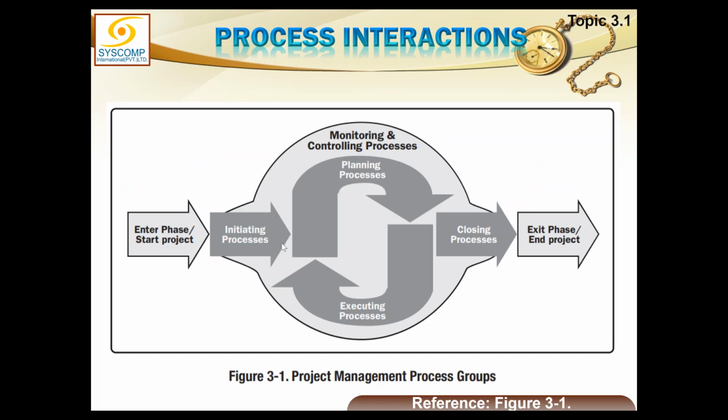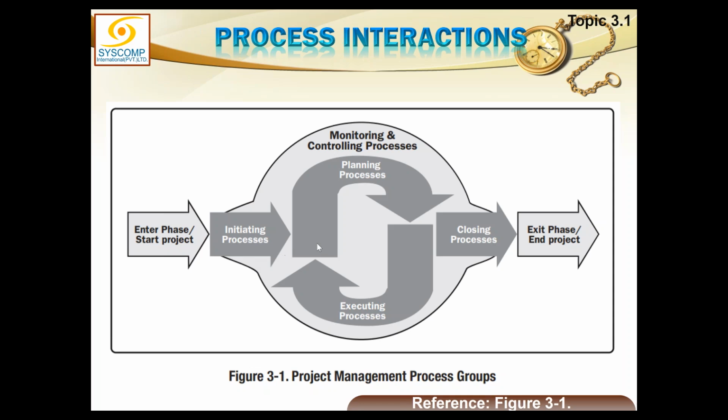So this is the cycle which I just talked about. Inside this cycle, you see planning, execution, monitoring and control, which directly relates to the PDCA cycle: plan, do, check and act. And this is iterative in nature and looks like an infinite cycle.